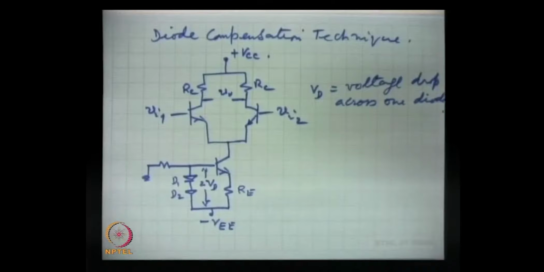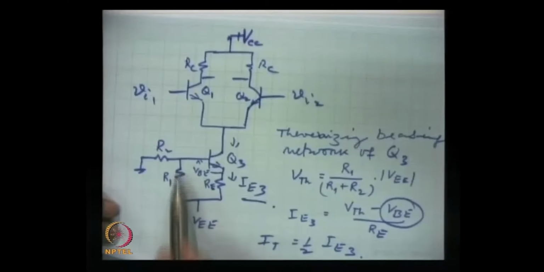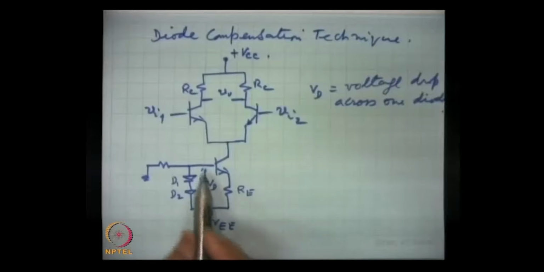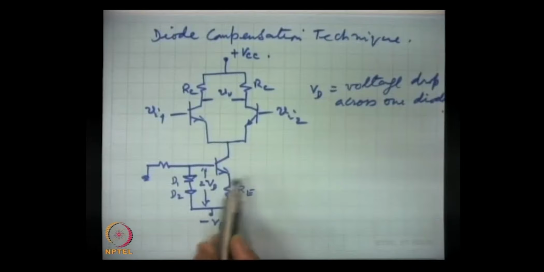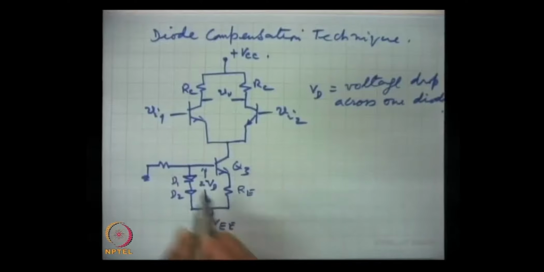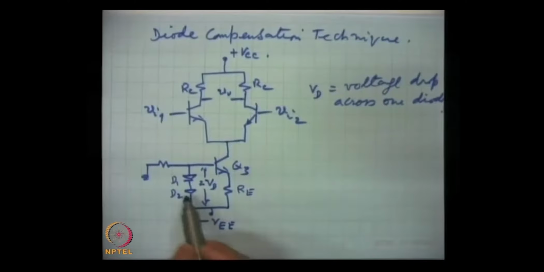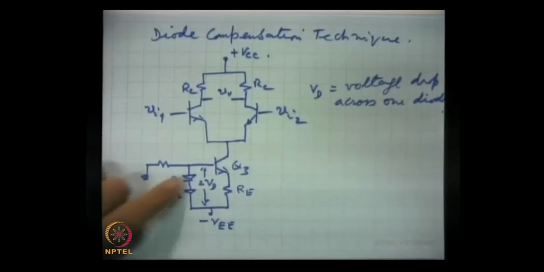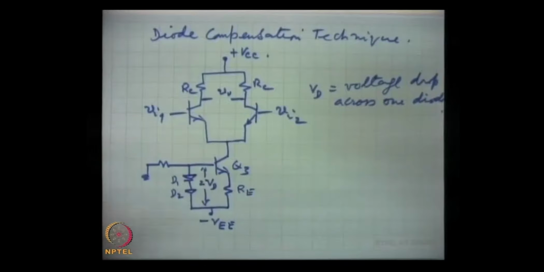Here, resistance R1 is replaced by 2 diodes. The important thing is that the emitter base junction of the transistor Q3 has the same characteristics as these diodes. We have chosen not any diodes, but diodes which have identical characteristics to the emitter base junction of the transistor.